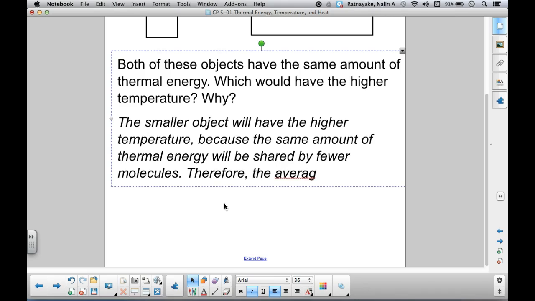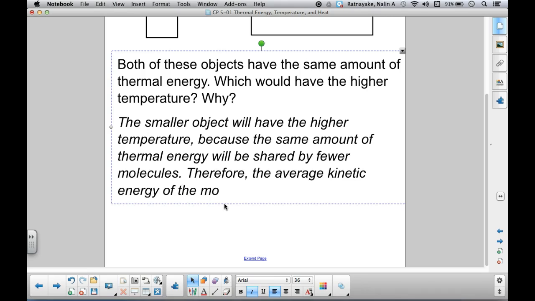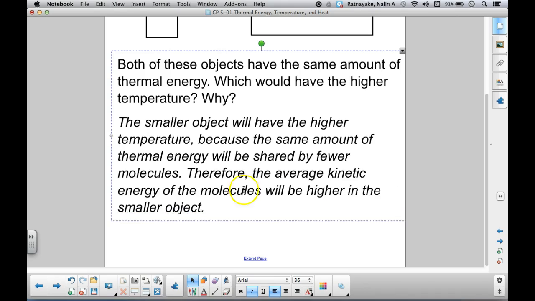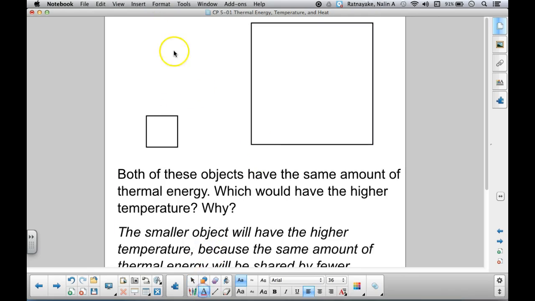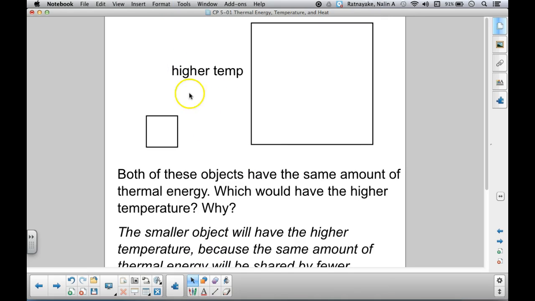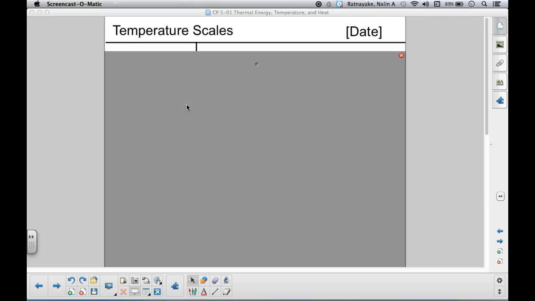Therefore, the average kinetic energy of the molecules will be higher in the smaller object. And average kinetic energy, remember, that is our definition of what temperature is. Okay, so now we can say that between these two objects, higher temperature is going to be over here on the left-hand side. Now let's think about temperature scales, and this means how do we measure temperature?